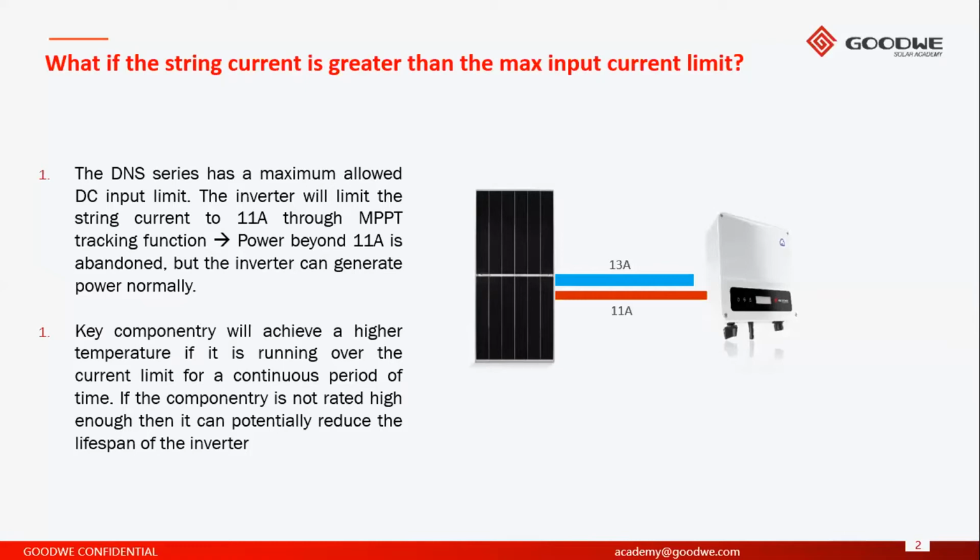Now, another important topic is that when you are overloading these, some of the key componentry will potentially get hot or run over the temperature rating. So whenever we're talking about a maximum input current, it's always the maximum input current as long as you can maintain your temperature rating. From a GoodWe perspective, we're currently upgrading most of our products at the moment.